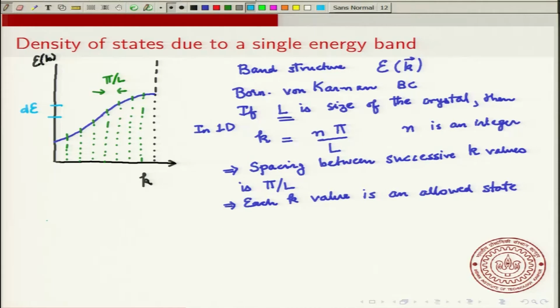So the question is, how many states are in the interval of energy dE. If dE is the interval of energy, you ask how many states are there in this. Obviously if dE is larger, then the number of states will be more. If dE is smaller, the number of states will be fewer.